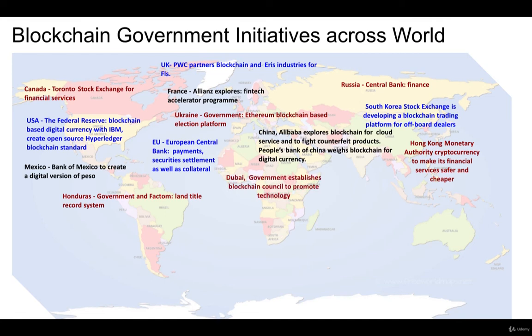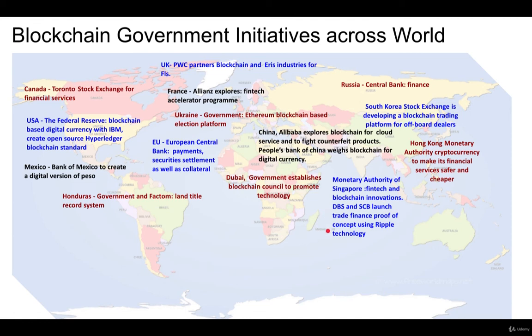In Dubai, the government is establishing a blockchain council to promote the technology. Monetary Authority of Singapore is working on fintech and blockchain innovations. The DBS and the SCB, our banks, are launching a trade finance proof of concept using Ripple technology.